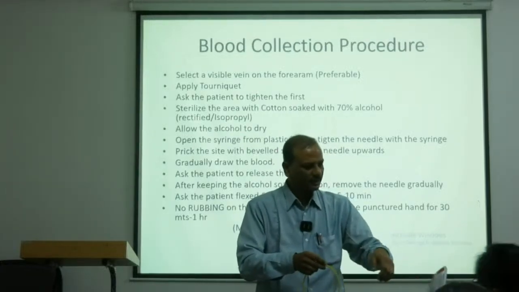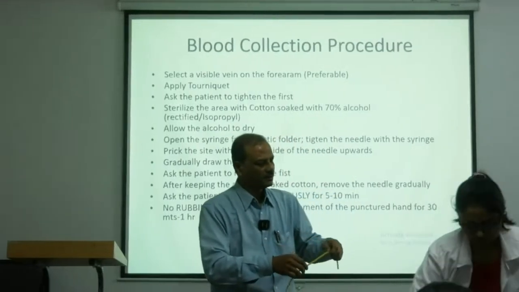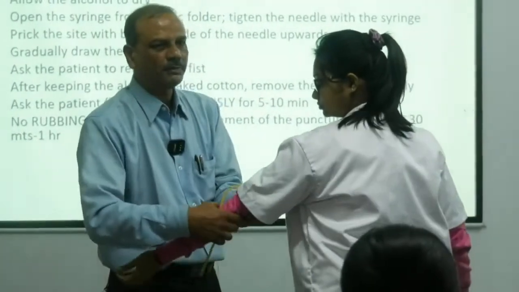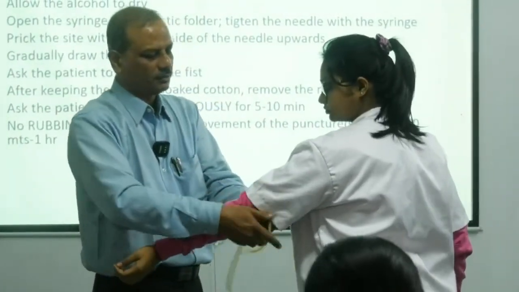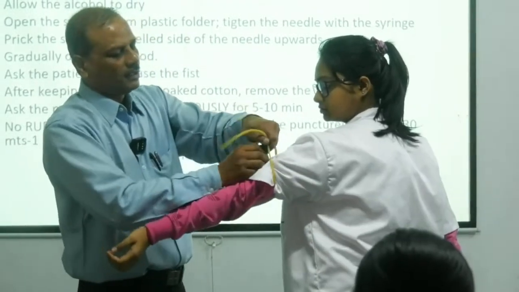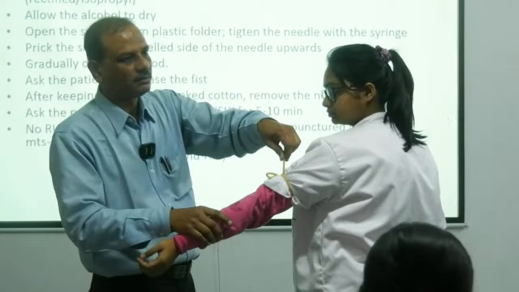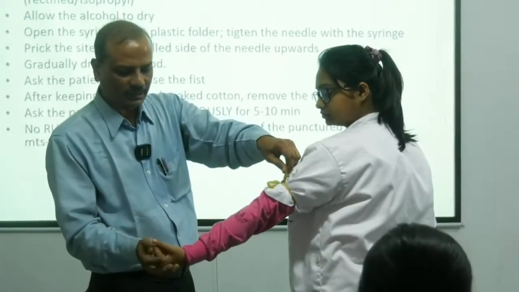Just come here. So apply tourniquet means the left hand will be the preferred hand because this is a non-working hand. You just use this, make a loop like this so that you can remove it. Ask the patient to tighten the fist.